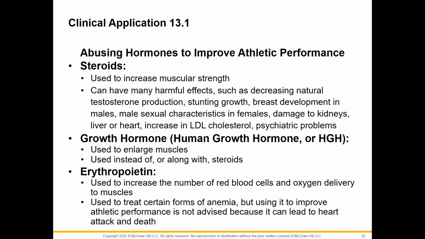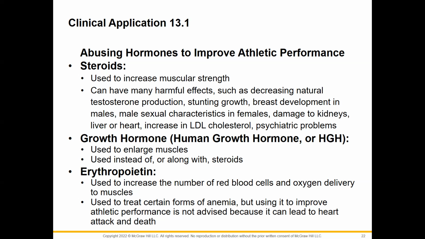So if you inject erythropoietin, that can increase the number of red blood cells your body produces. What will that do? That will help your muscles recover faster, because if you have more red blood cells, you have more oxygen carrying capacity, which means more oxygen delivered to the muscles.